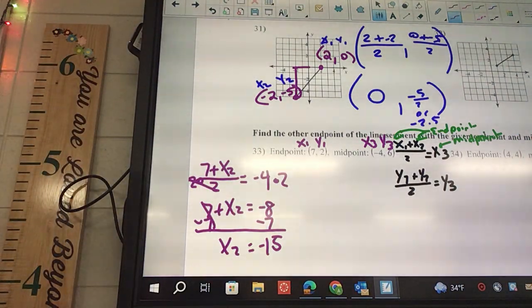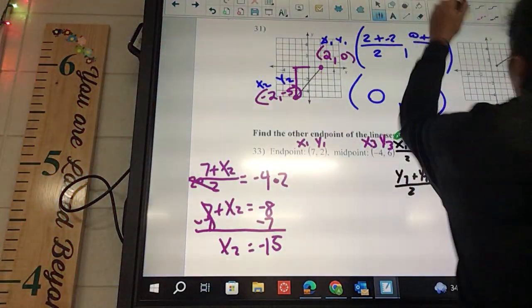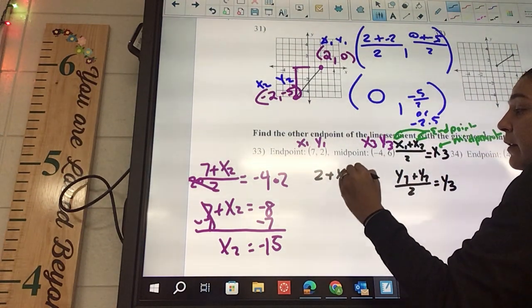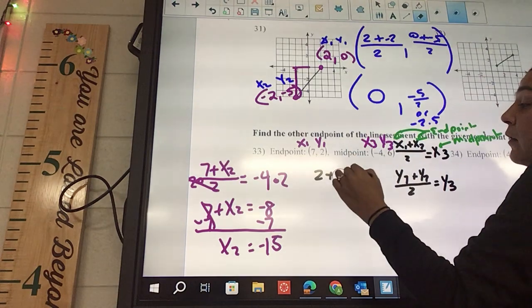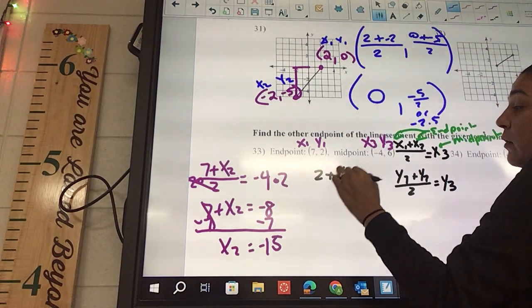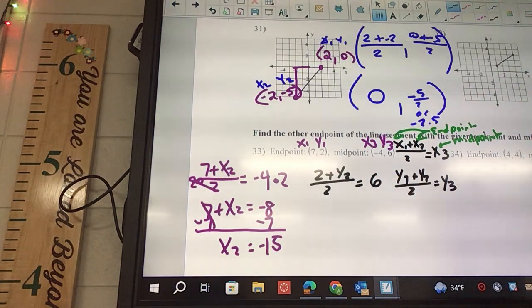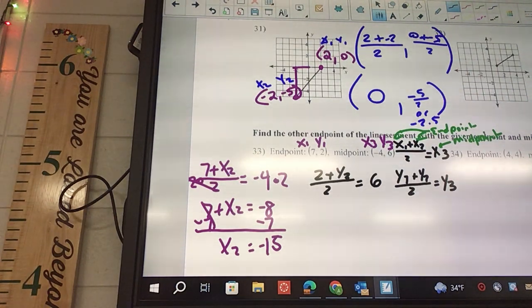Okay, we're gonna do the exact same thing with the y's. So my y1 is gonna be 2 plus y2 over 2 equals my y3 is 6. Again, the steps are the same every single time. You're gonna times by 2, then add or subtract. So we're gonna times by 2.